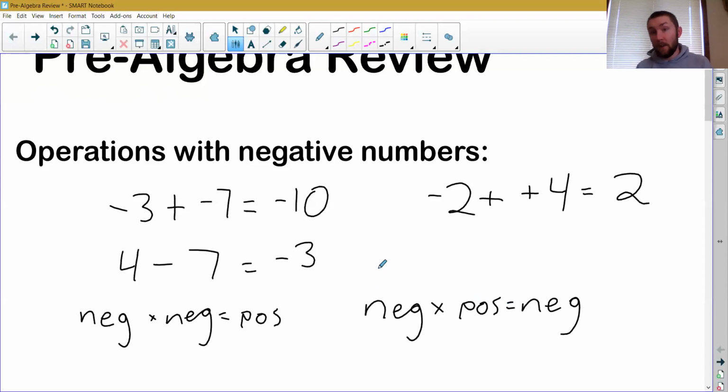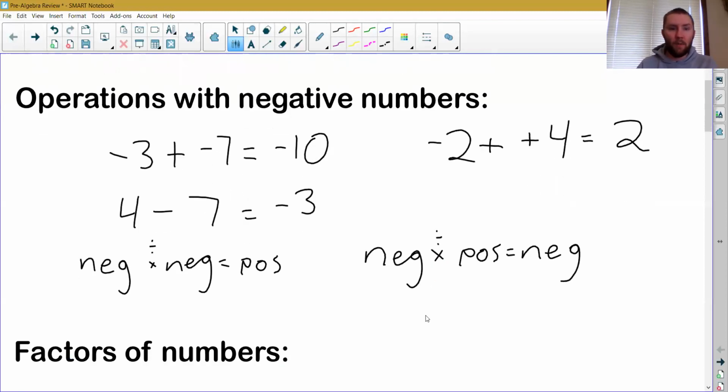Same is true for dividing, right? Times or divide by a negative, or by a positive. Okay, so remember those rules and how these basic operations, add, subtract, multiply, divide, work with positive and negative numbers as well. Okay, so that was mainly our first chapter, operations with negative numbers.